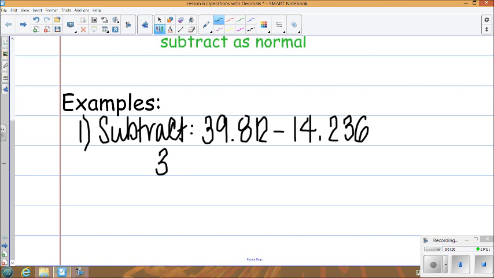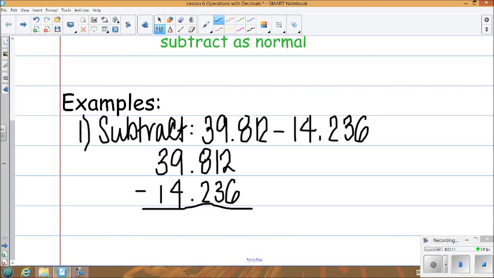So we're going to have 39 and 812 thousandths minus 14.236 thousandths. Notice how I lined up the decimal places, and that's always a process you're going to want to do, is line up the decimal places. And now you're just going to work vertically.